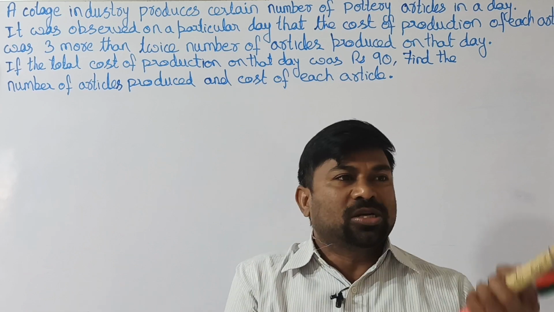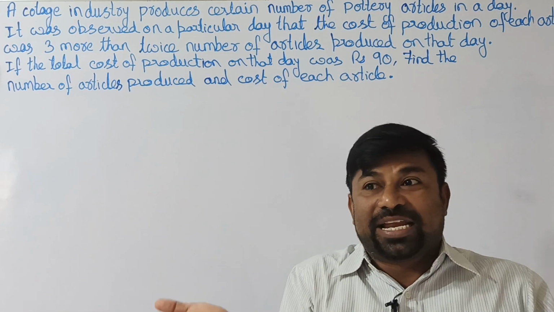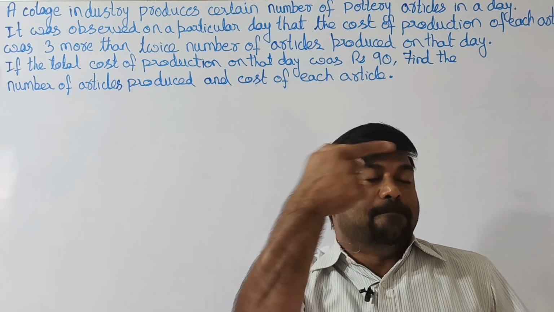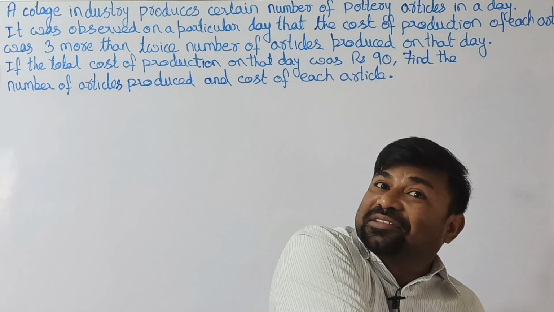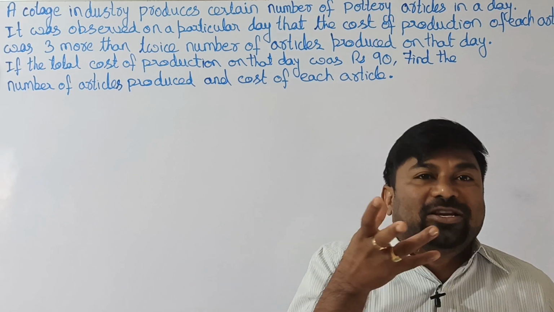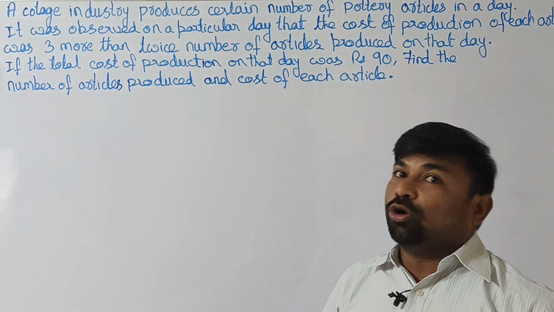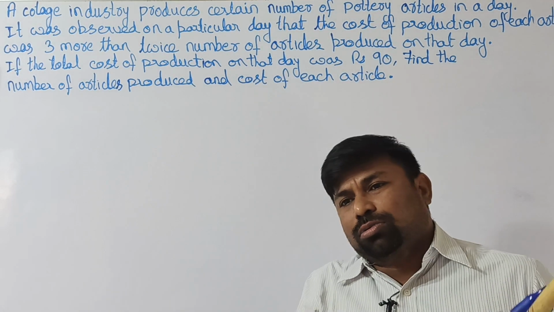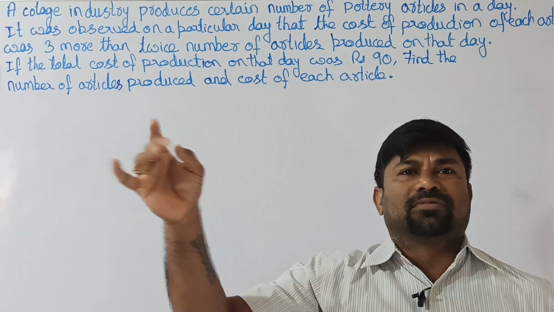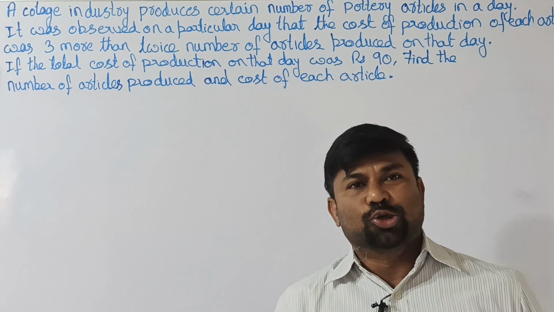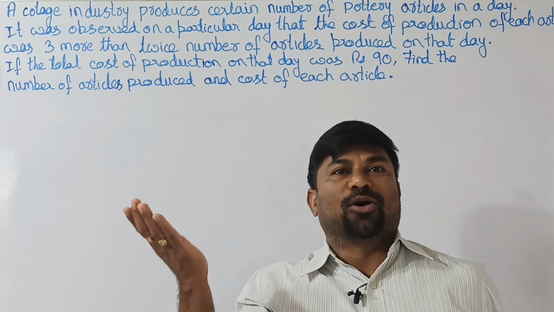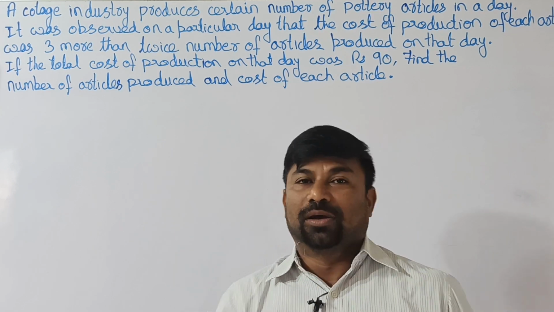So to remember here: point 1, number of articles produced per day; point 2, the cost of each article. Cost and number of articles, that's the point to be noted.